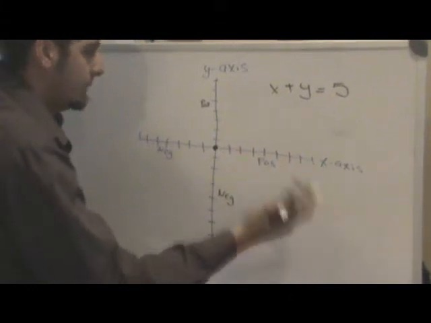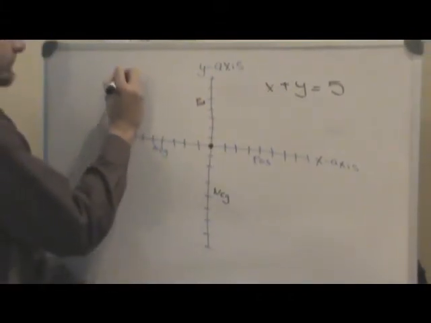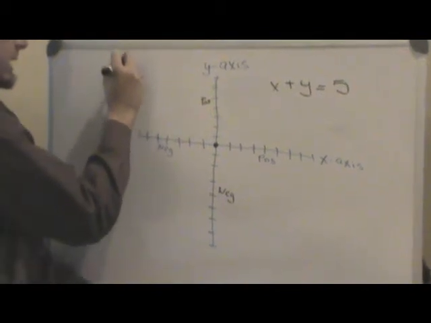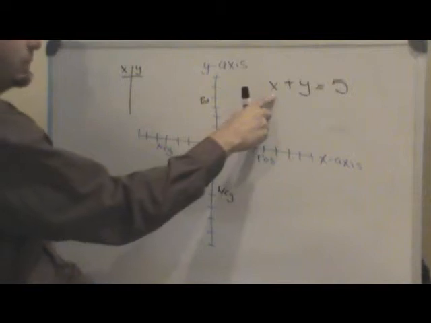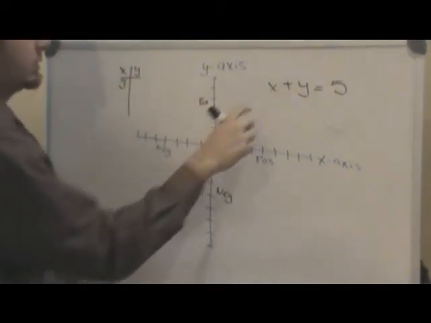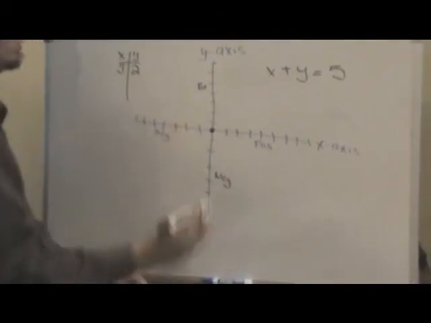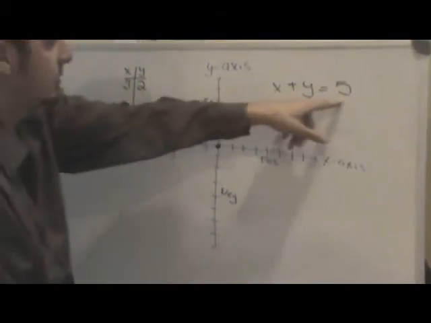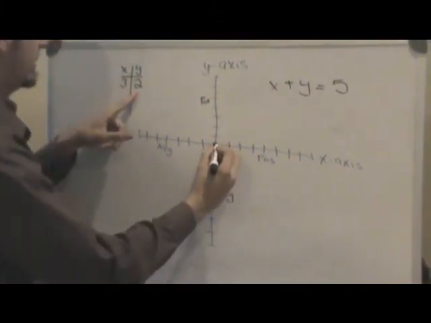So, for example, we can make what's called a t-chart that has my x coordinates and my y coordinates listed. So if I plug in 3 for x, then my y has to be 2 because 3 plus 2 equals 5. So one of the points on this line that this equation represents is positive 3, positive 2.